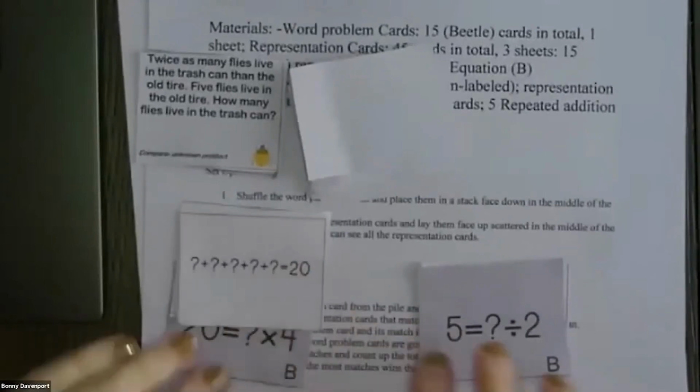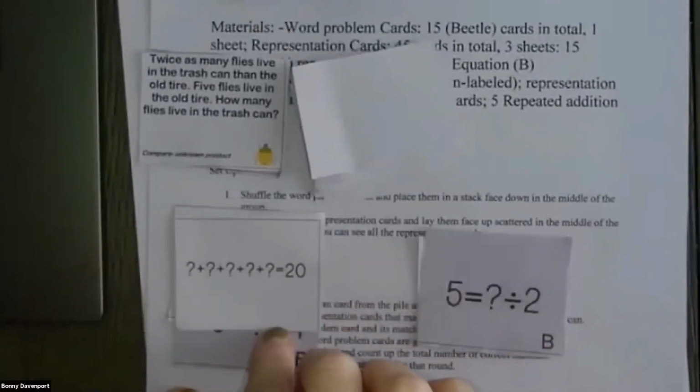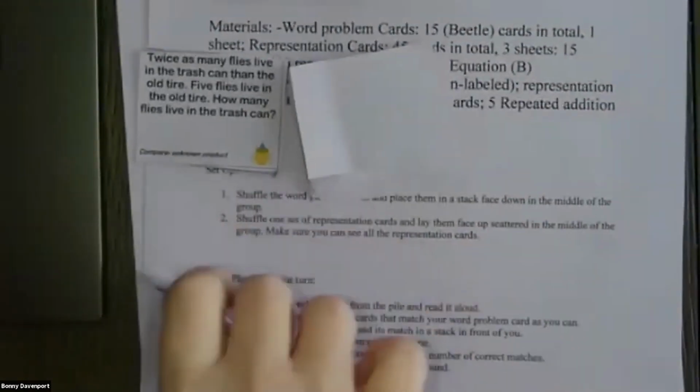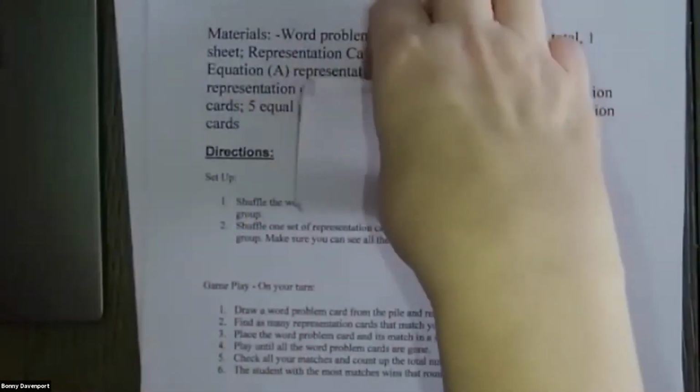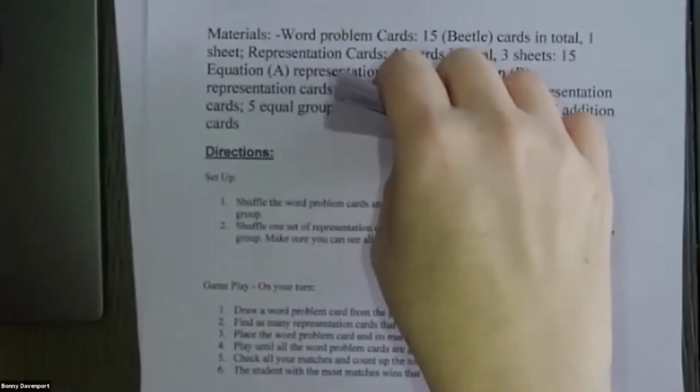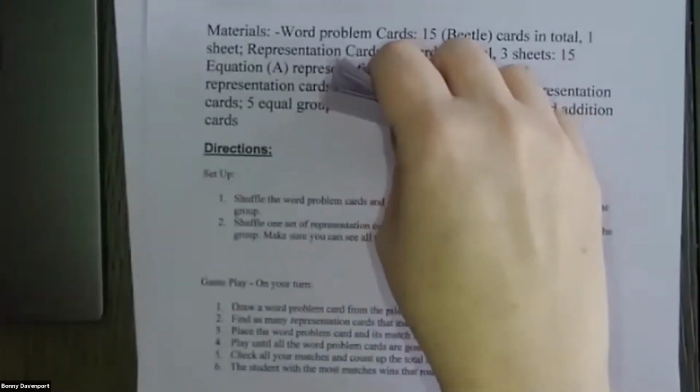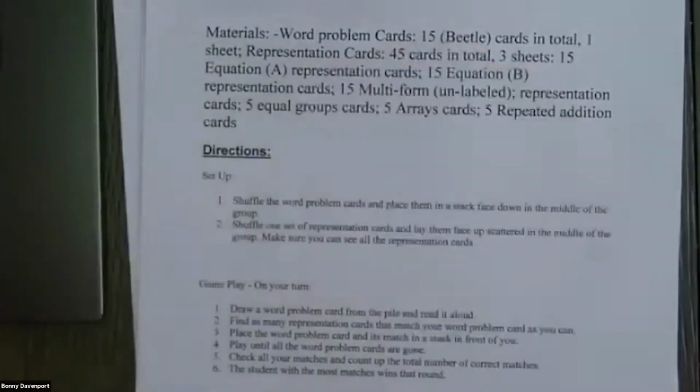And at the end, you're going to count up how many representations partner A was able to find versus partner B, and kind of have that who won based on that. Any questions on that game before I move on to my next one? Nope. Okay, great.